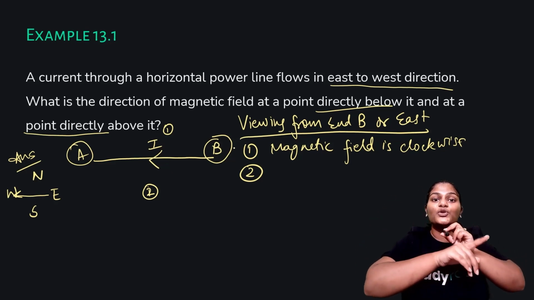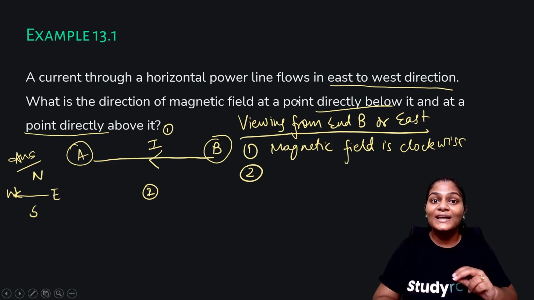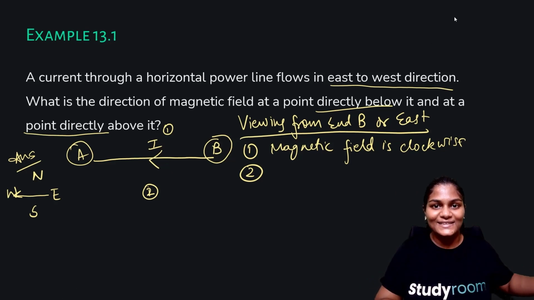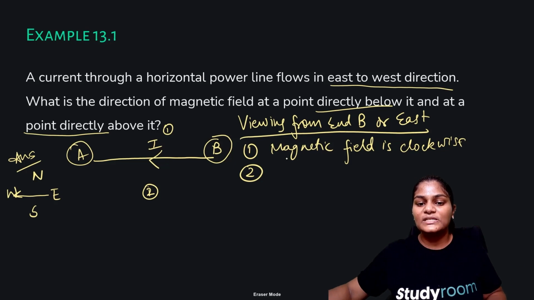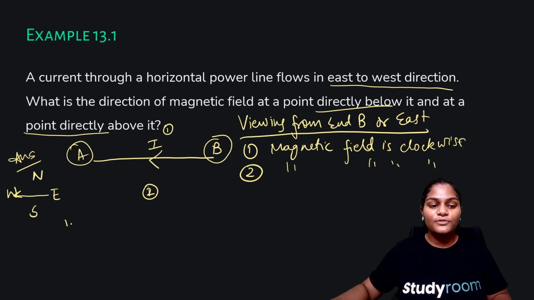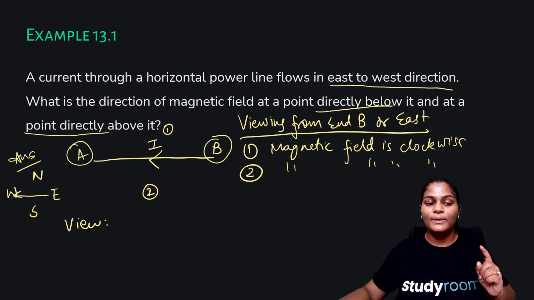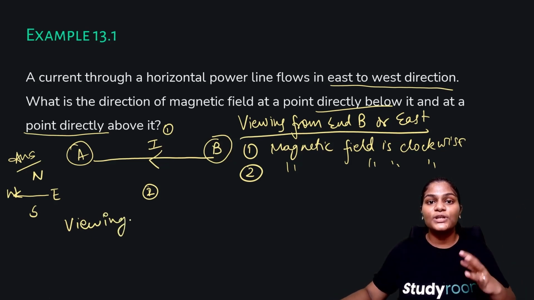From right to left, which again means clockwise, right? So again the same thing happens: the magnetic field is clockwise. I'm doing both things for you. You will only do one of them, but I'm doing both so that you don't get confused.